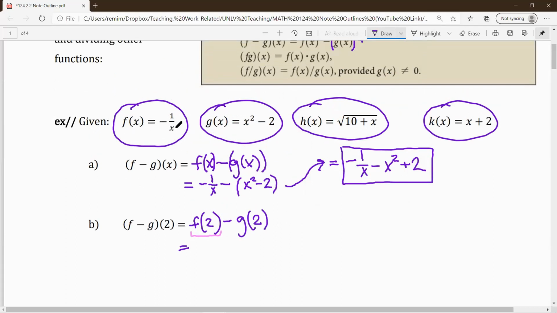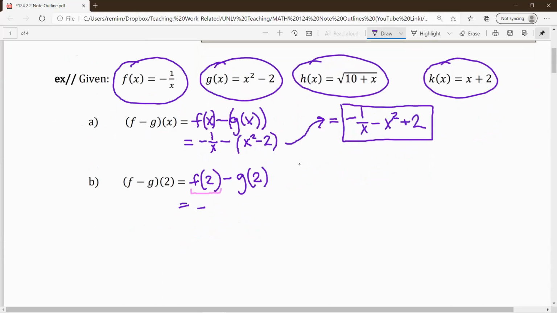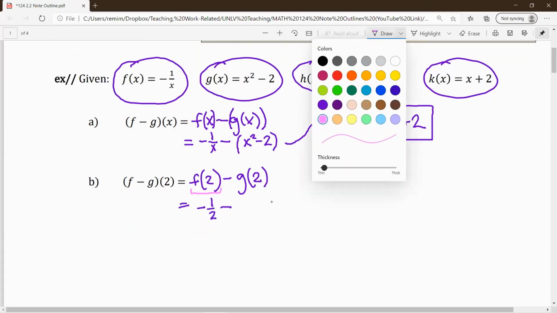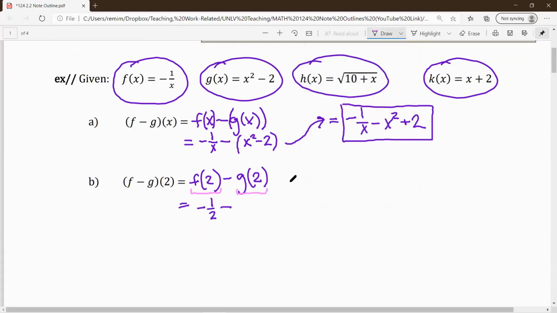So we're going to get negative 1 over 2 minus, now we're going to do g of 2. Let's look back at the g function. If we plug 2 into the g function, g of 2 is going to equal 2 squared minus 2, which is 4 minus 2, which is 2. So I'm going to put 2 here.